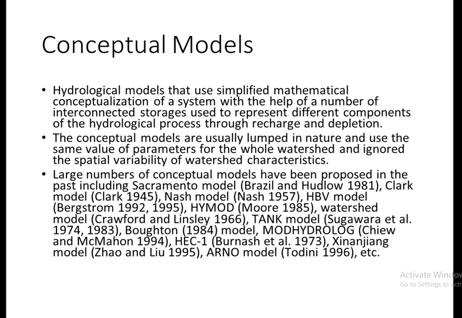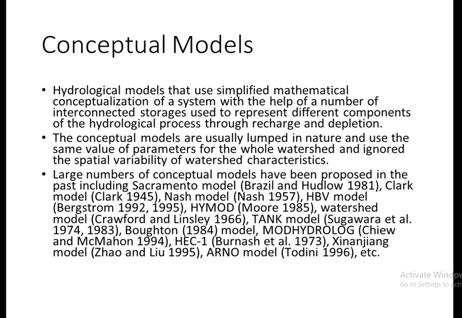The second model is the conceptual model. It uses a simplified mathematical conceptualization of a system. It takes help of a number of interconnected storages used to represent different components of the hydrological processes through recharge and depletion. So these models are usually lumped in nature.